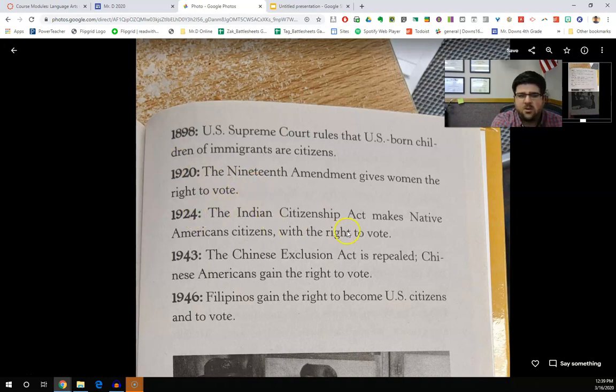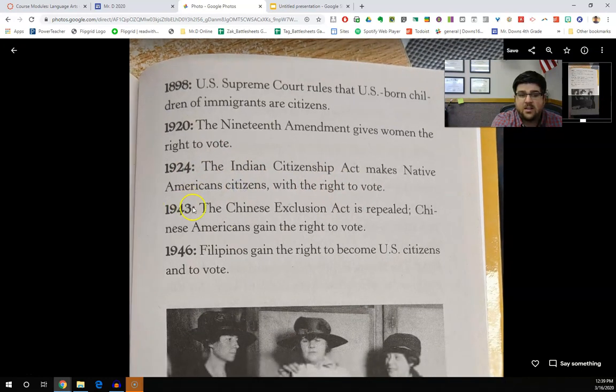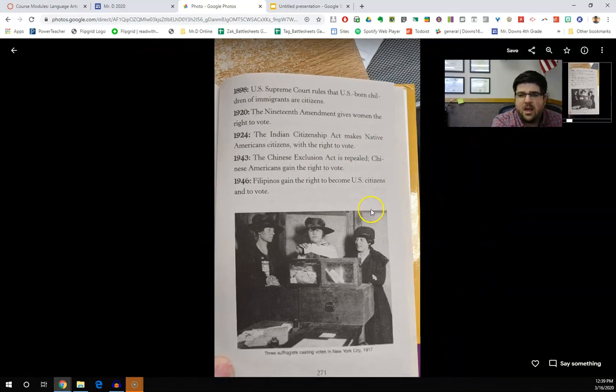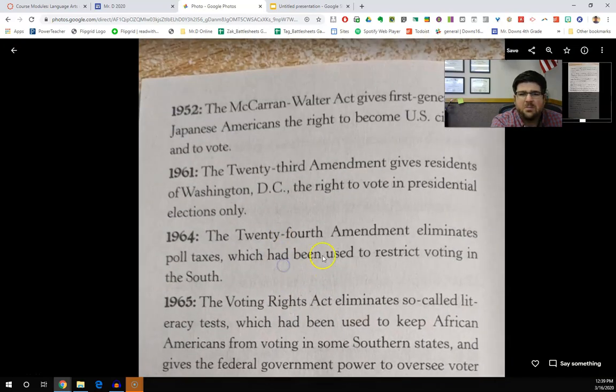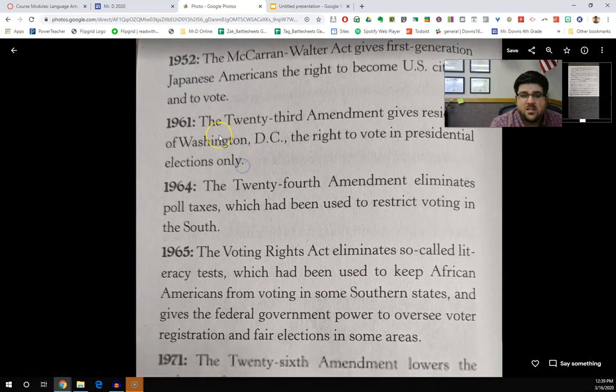And then 1824, Native Americans were able to have the right to vote. And then 1943, Chinese Americans were able to have the right to vote. 1946, Filipinos received the right to vote. And then I'm going to skip over some of these. Japanese citizens in 1954. 1961, people in Washington, D.C. were able to.